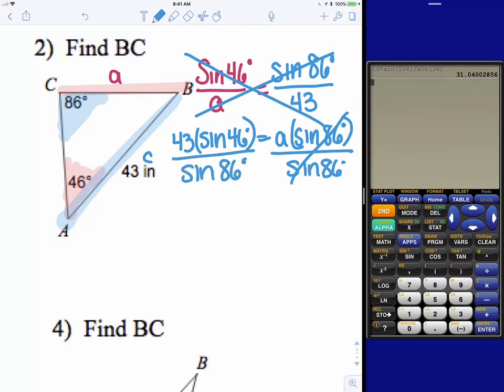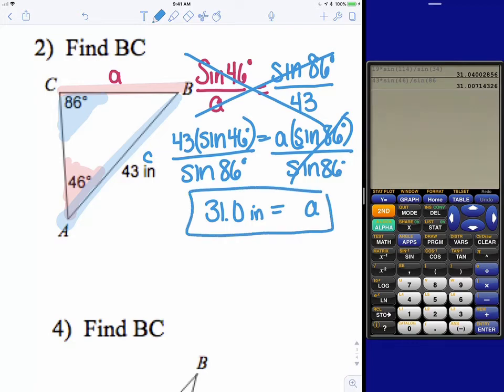So a is going to be equal to 43 times the sine of 46, close the parentheses, divided by the sine of 86 degrees. And it's again 31.0 inches, but that is just a coincidence. The answer is not always 31.0.